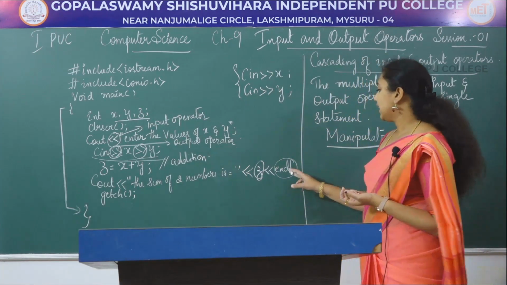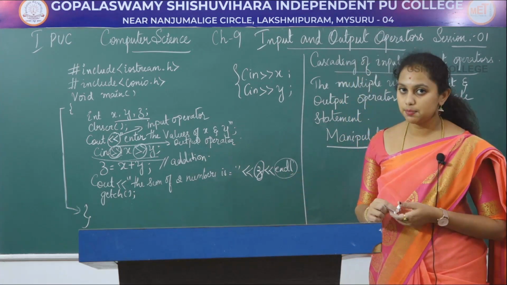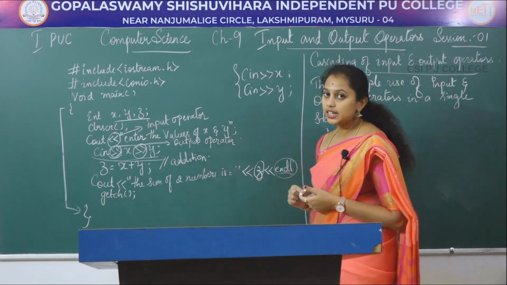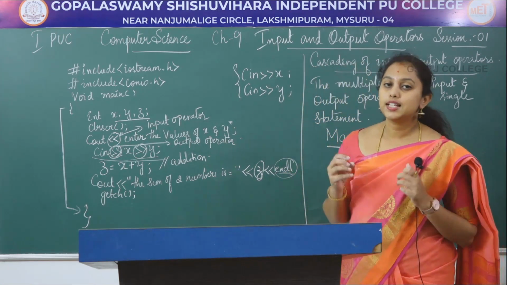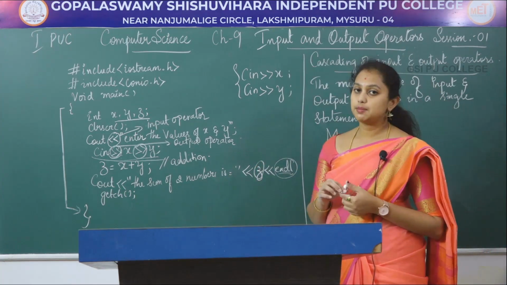Some of the manipulators are endl and setw. Endl is the same as an escape sequence. It represents the end of the line, and setw is used to set a field width between the characters on the display screen.